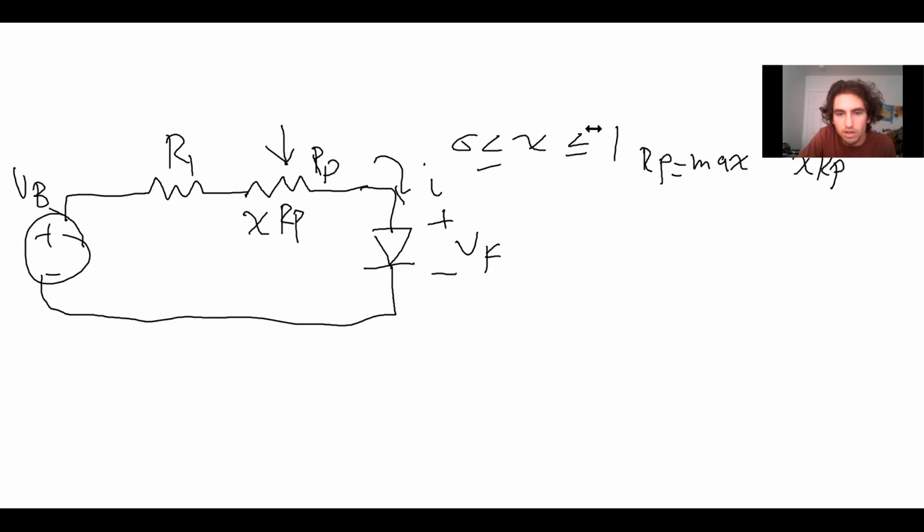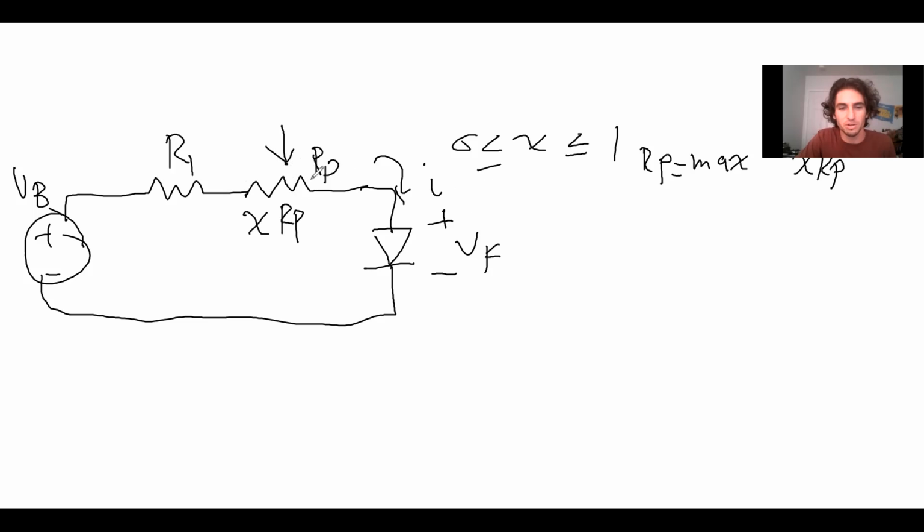Did you mean to put the LED on the arrow leg of VR? What do you mean? What is VR? Isn't the arrow leg on the variable resistor the center tap? Oh, I see what you're saying. When you draw a circuit diagram, this is just the simple way of drawing it.